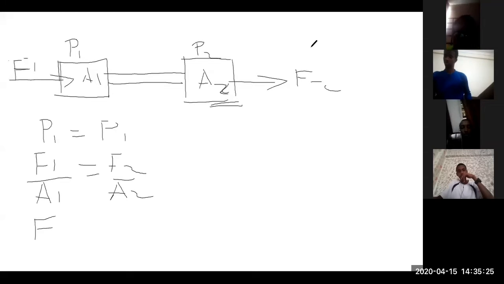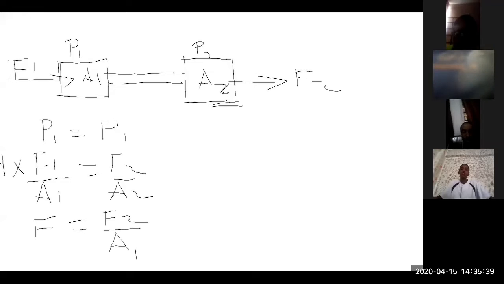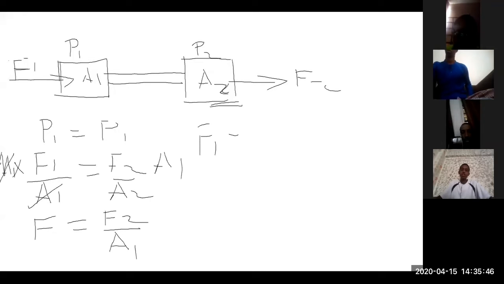So F1 is going to be equal to F2 over A2, multiplied by A1, because if you multiply both sides by A1, the A1 on the left cancels. So you already have the formula.